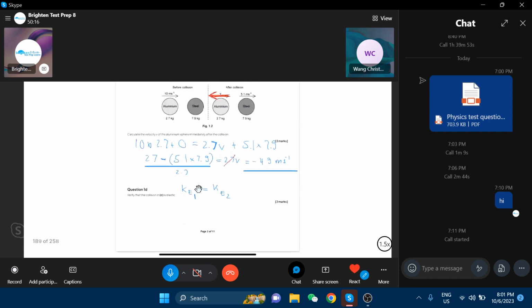Therefore, we could say, okay, according to that this is verified, so I will prove that. It doesn't matter for my calculations, I still have to calculate before and after, and then I see the result. So in any case, I have to do that. What is now my kinetic energy before? 1/2 times 2.7 times 10 squared. Okay.